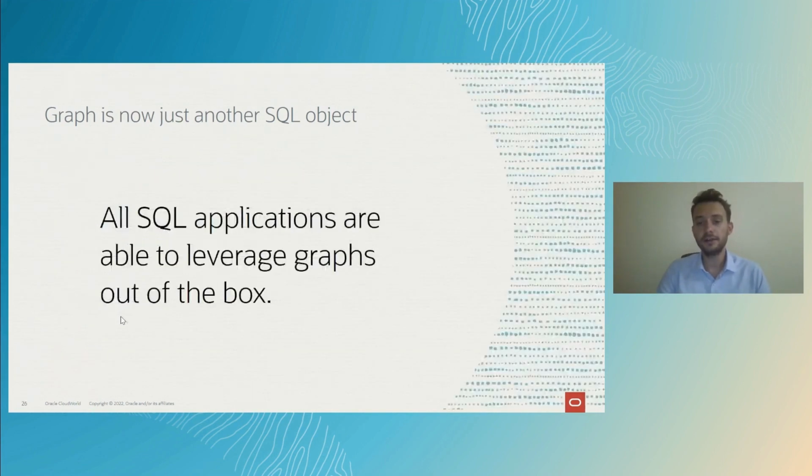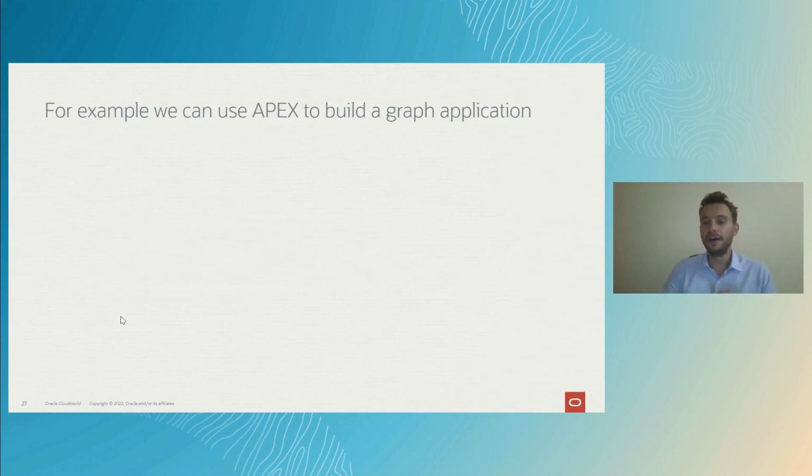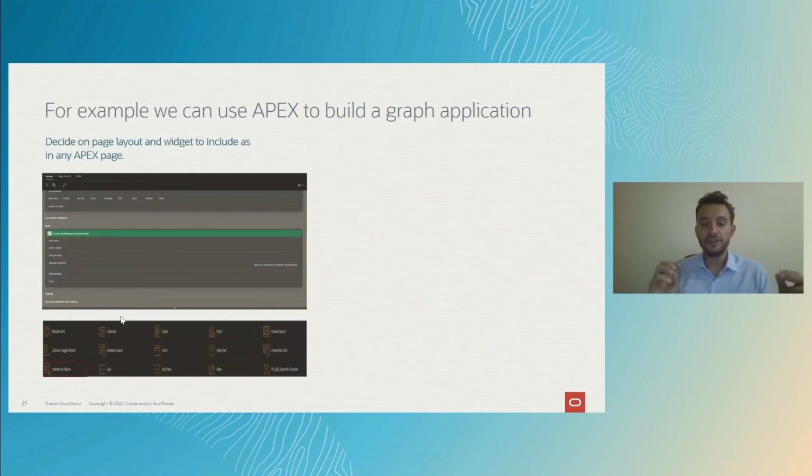And then this is not all, right? Because graphs are just another SQL object, all SQL applications will be able to leverage graphs out of the box. And I just want to quickly show you how one could build an Apex application from the previous examples we have seen. As any Apex developer, you go to your page designer, you pick the widget of your choice.